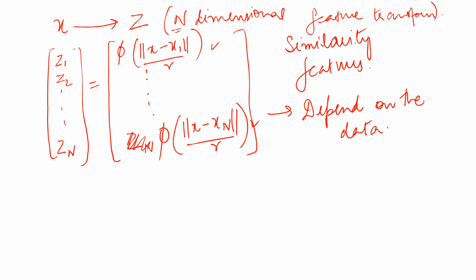Now, this is the feature vector for all of the training points. For data point x1, we compute the similarity feature, and for x2, we compute the other similarity feature, and so on. So we have these z1, z2 up to zn, and of course, what we can do is collect all the values into a matrix.